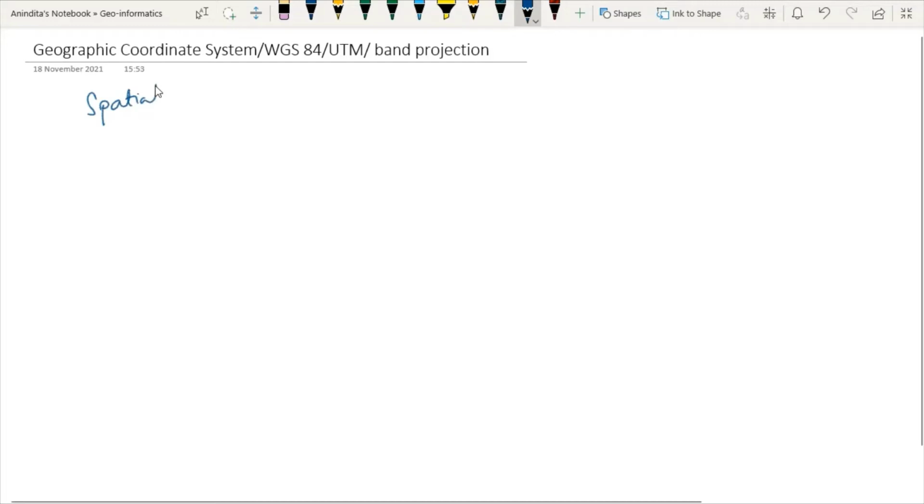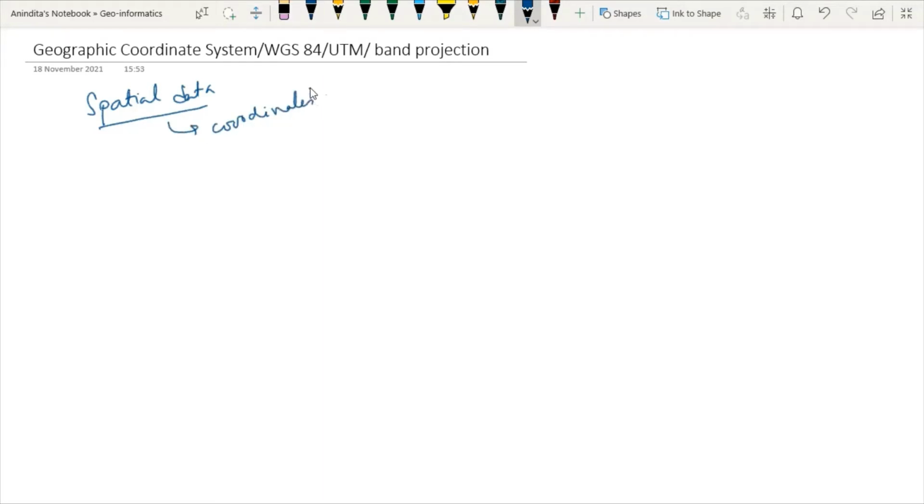Whenever I am talking about spatial data, we can say that these are data which have coordinates associated with them. Now, what is the concept of coordinates? Coordinates are locations, or you can say that coordinates are the locational address of each and every point on the earth.